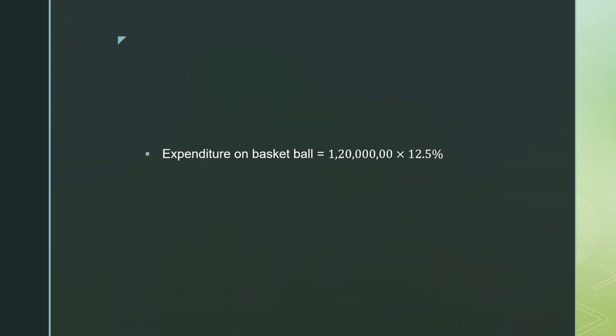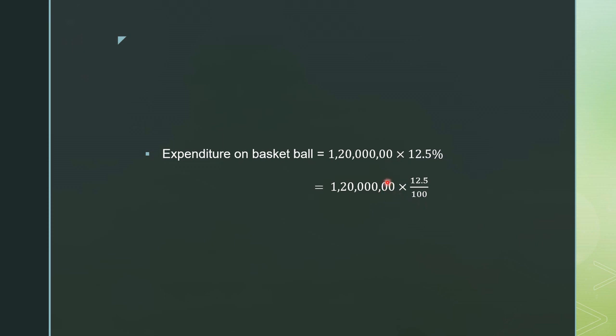So here is the answer to this question. Expenditure on basketball equals 1 crore 20 lakh into 12.5%, that is 12.5 divided by 100.